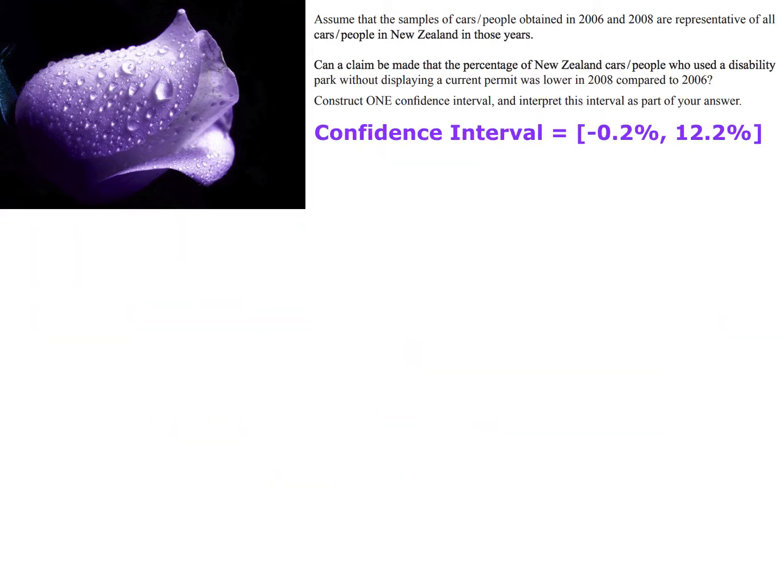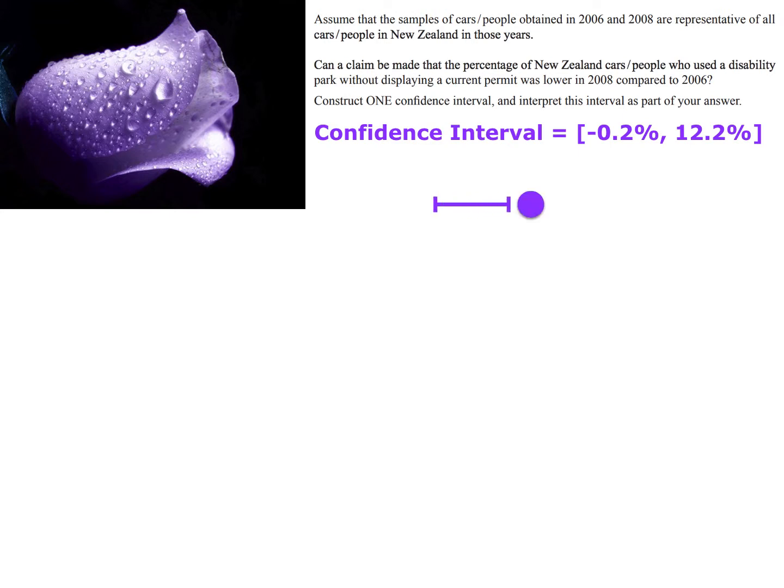I'm just going to take that confidence interval and think, well, what does that mean? That was a confidence interval for the difference between 2008 and 2006. The 34% represented 2008. The 2006 proportion was 40%.